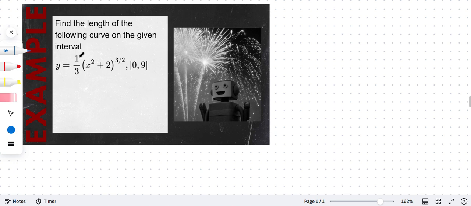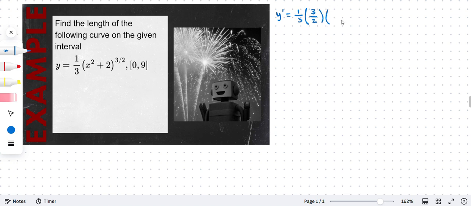So when we look at our y here, we're going to need to use our chain rule to take the derivative because we have something inside parentheses raised to a power. So when we go ahead and figure out our derivative, we can say y prime. We have that 1/3 out front, so now we can start our derivative here. So we're going to take our 3/2, drop it to the front.